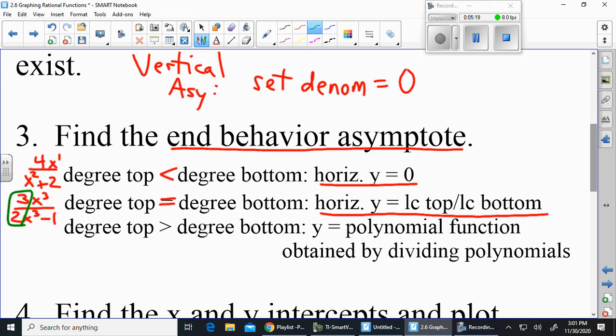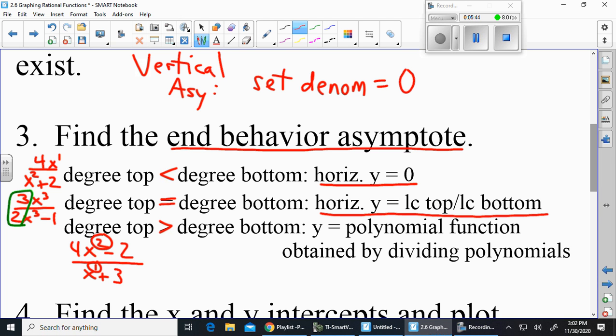If the degree of the top is greater than the degree of the bottom, that would be something like 4x squared minus 2 over x plus 3. That's a 2. That's a 1. You do not have a horizontal asymptote.